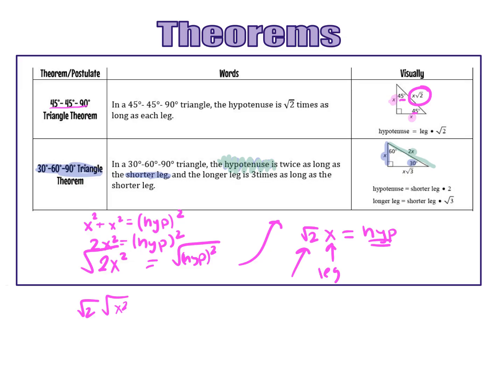And the longer leg, which is going to be the one across from the 60-degree angle, the longer leg is root 3 times as long as the shorter leg. So we sort of have some formulas over here. To find the hypotenuse in a 30, 60, 90, I'm going to multiply the shorter side by 2. To find the length of the longer side, I'm going to multiply the shorter side by root 3. We're going to get one more new piece of information, and then we're going to just work through a bunch of example problems.